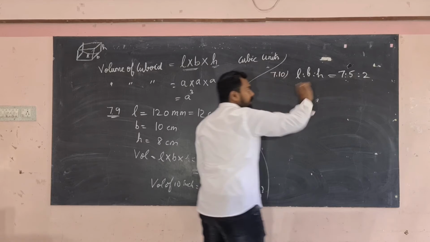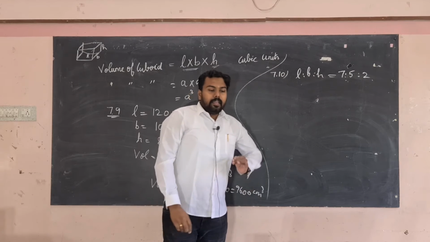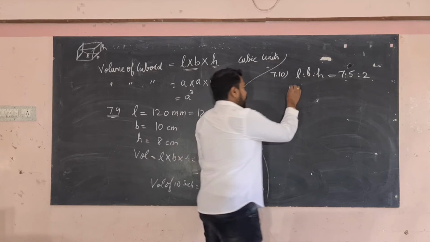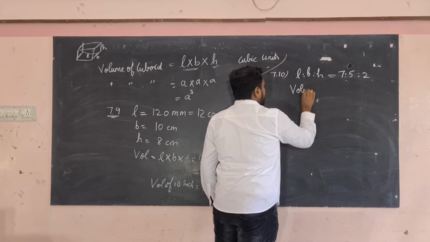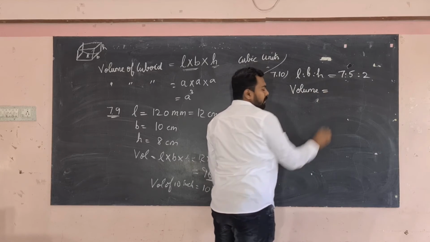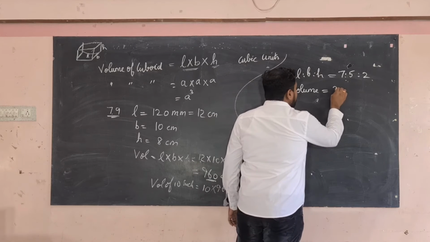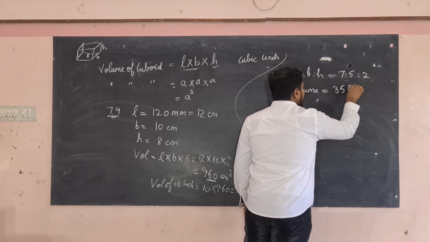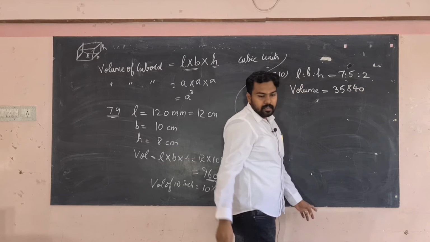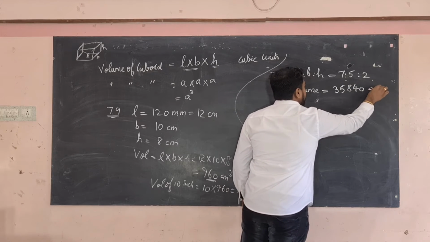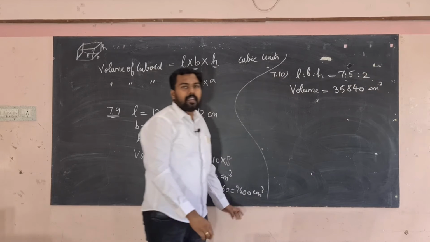They are in the ratio ன்னு கொடுத்துட்டாங்க. Its volume also they have given as 35,840 centimeter cube. They have asked us to find the dimension.